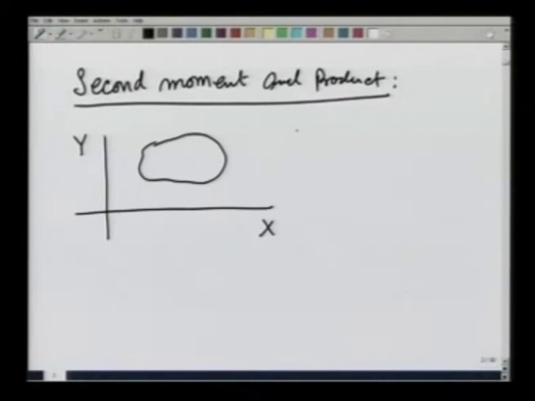Then the second moment Ixx is defined as: I take a small area delta A, multiply this by the perpendicular distance from the x axis squared, and add it up.